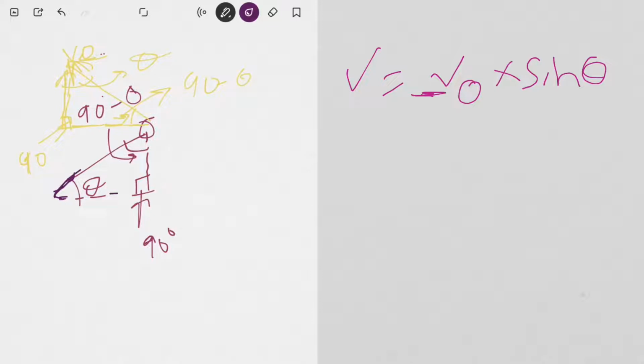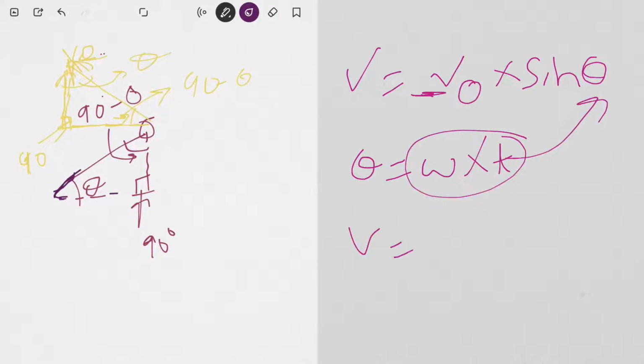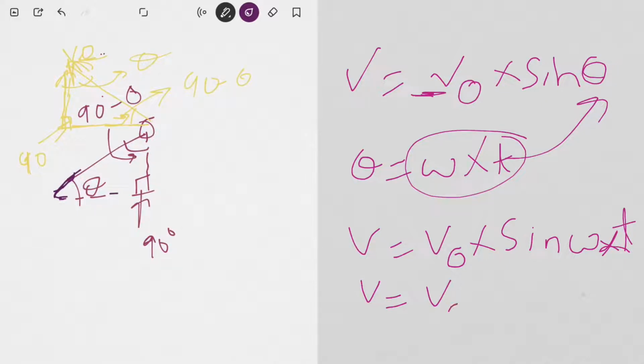Again, we know theta equals omega into time, so we substitute it. Velocity equals minus maximum velocity into sine of omega t. So this is the formula for velocity.